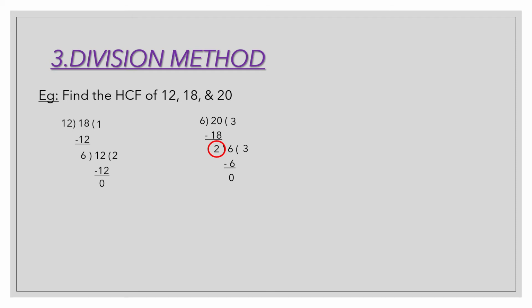So here HCF of 12, 18 and 20 is 2. Now we have seen how to find out HCF. Now we'll see what is LCM.